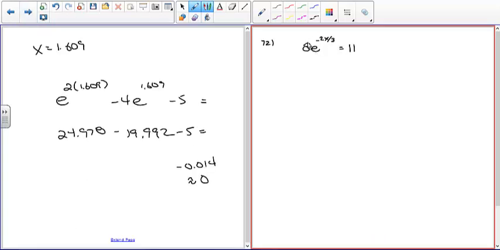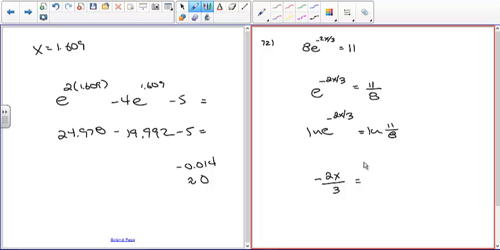Okay, here we need to solve for e to the negative 2x over 3. So I divide both sides by 8, like that. Then I take the natural log of both sides, again using the properties of logarithms. So the natural log of e to that is just negative 2/3 x is equal to the natural log of 11/8.